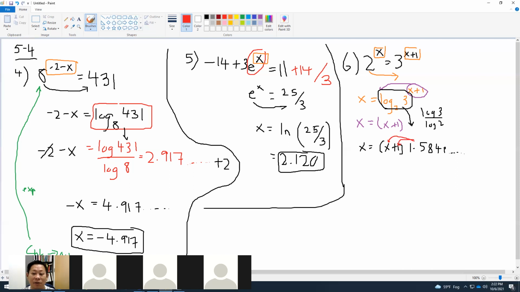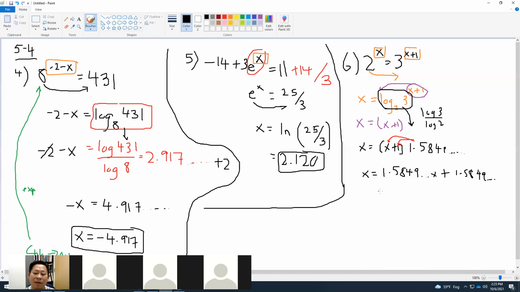You distribute it to the parenthesis x plus 1. So what you get here is x equals 1.5849... x, because you multiply this with x, plus 1.5849... Because x times this, you get that x, and 1 times 1.5849, you get this.